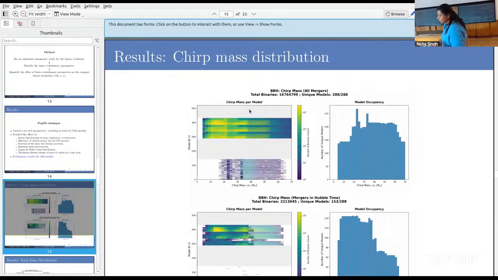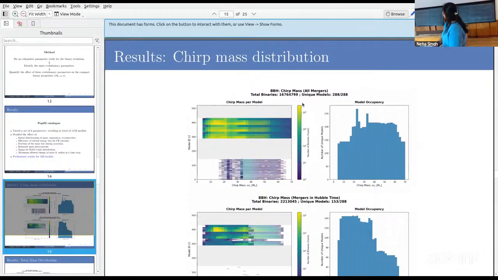This is 10 to the power 1, so 10, 100, and so on. Here you can see that almost none of the binaries are formed given the parameters that this model had. Here you can form many more binaries, but also not so many. Most of them are here. So more than 10,000 binaries are formed for this chirp mass in these models. And just to be clear, we ran about 10 million binaries for each of these models.